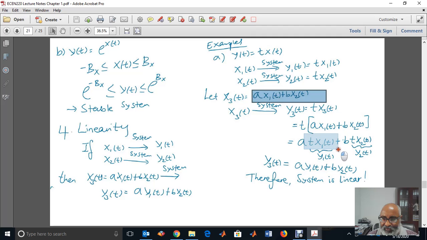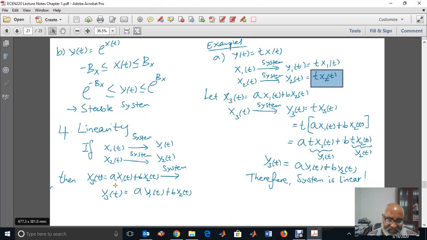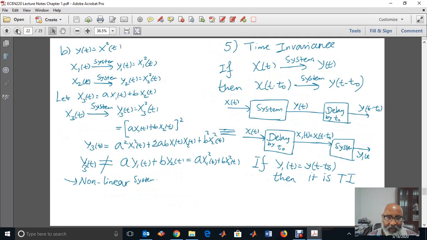But t times x1 of t means y1 of t, and t times x2 of t means y2 of t. So the output y3 of t is a y1 of t plus b y2 of t, which satisfies the linearity property. Because whenever we give x3 of t, which is a combination of x1 of t and x2 of t, that means a x1 of t plus b x2 of t, we should get y3 of t equal to a y1 of t plus b y2 of t.